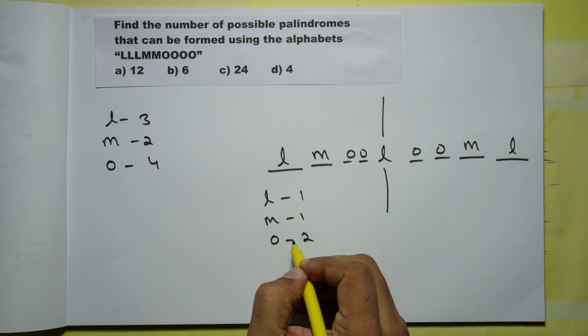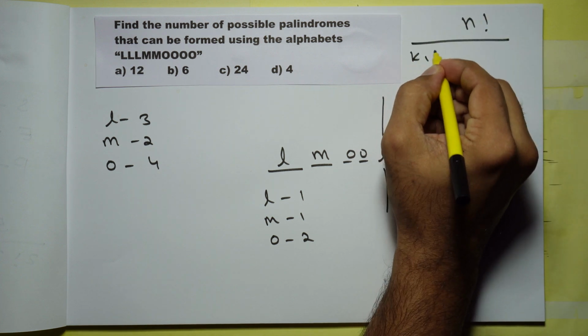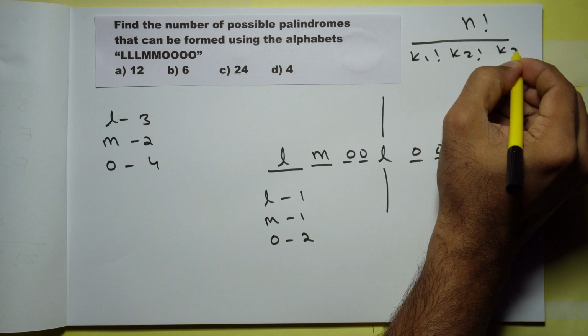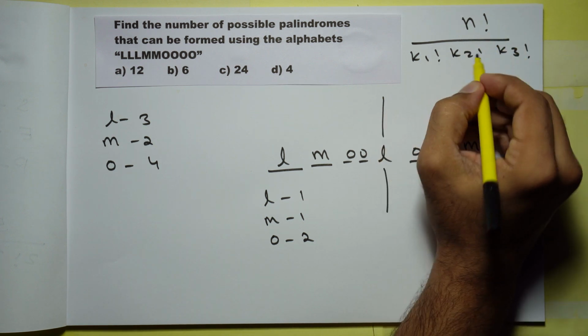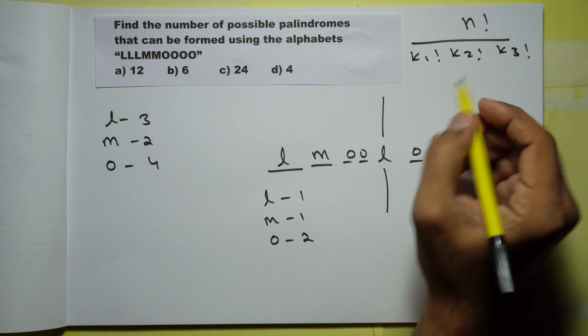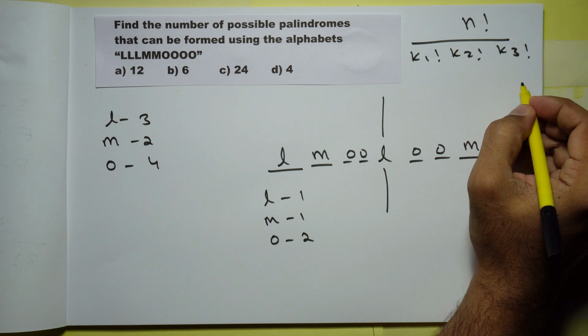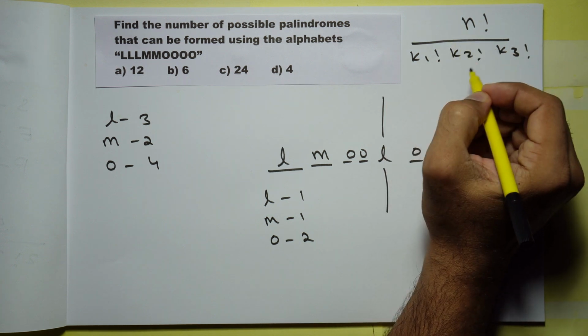So to calculate the number of arrangements, you can use this formula: n factorial by k1 factorial into k2 factorial into k3 factorial. That is, n objects are there, k1 of them are same, k2 of them are same, k3 of them are same. All the n are taken out and arranged in order. Then how many arrangements are there? Directly substitute into this formula.